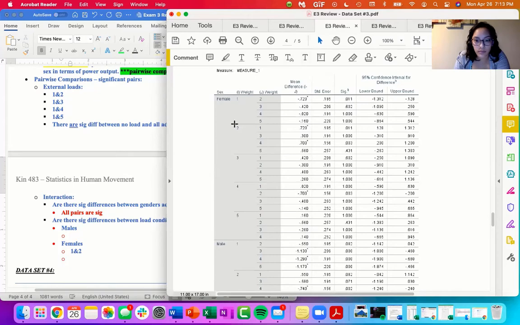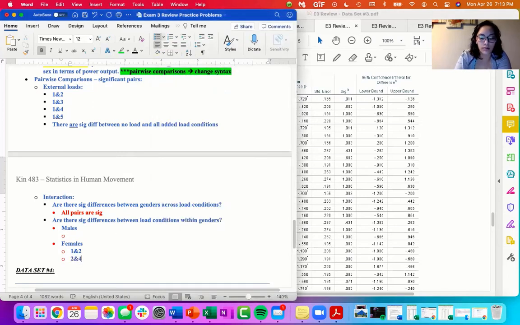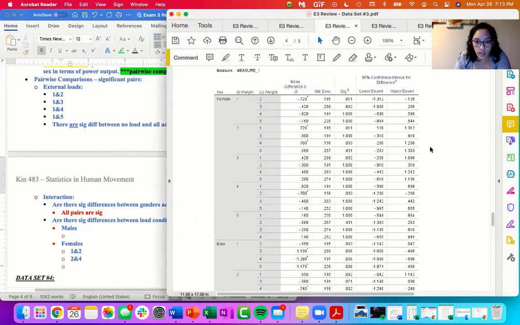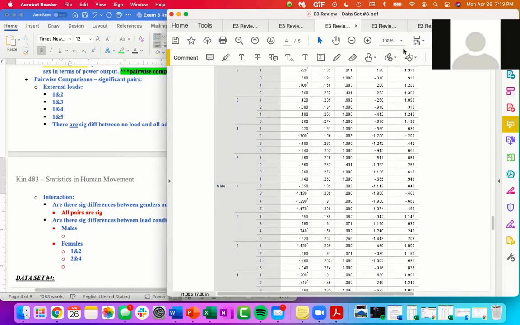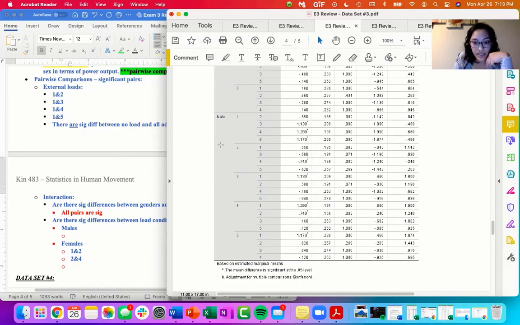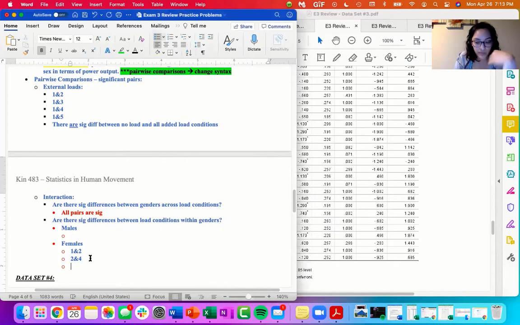Looks like we also have one between 2 and 4. Another little asterisk here. Did I miss any? I don't think so. Okay, so then we can look at the significant pairs for males.